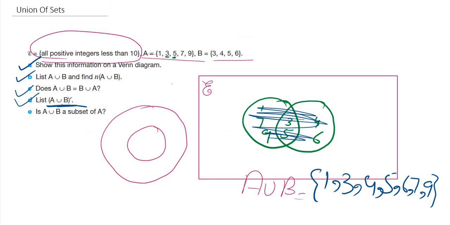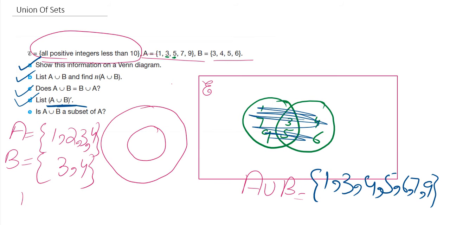Like for example, I'm just giving you another example. If we say A set has 1, 2, 3, 4. All right. And we have this 3 and 4.